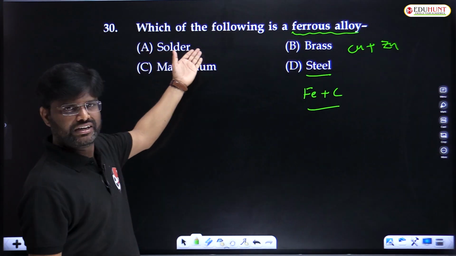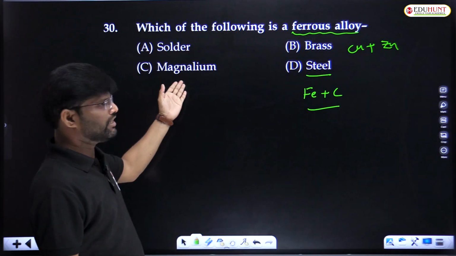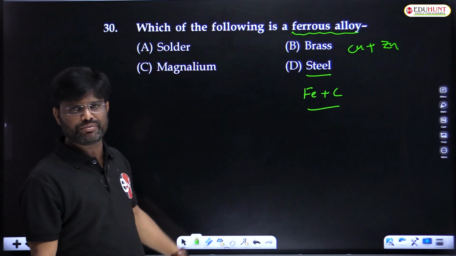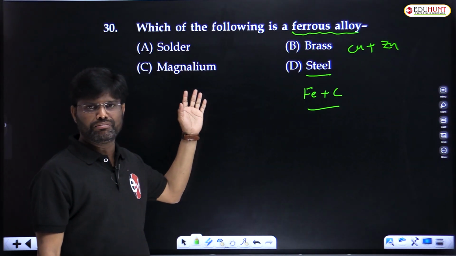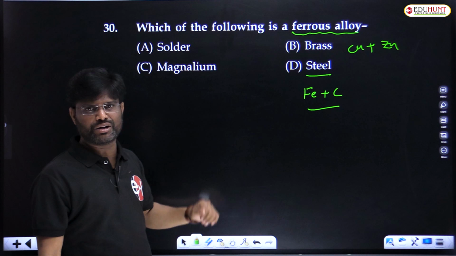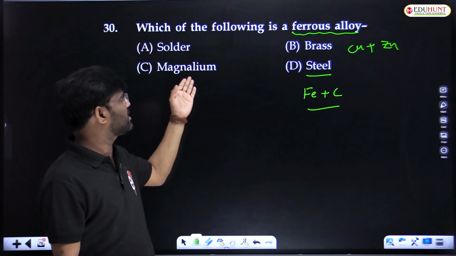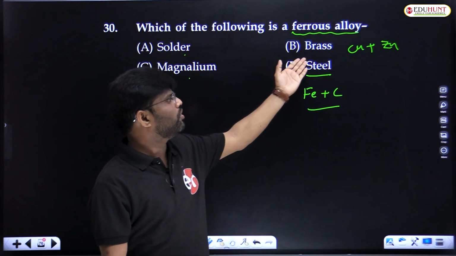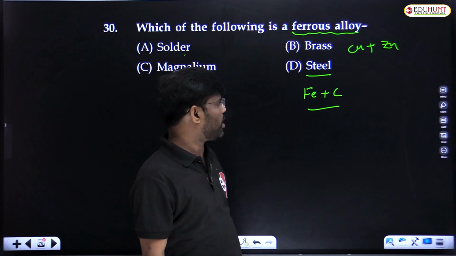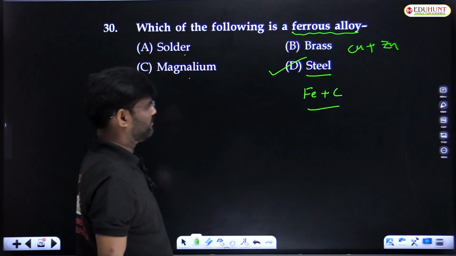Here lead and tin, magnesium, manganese, aluminium, these metals are present. So no iron in this case, no iron in this case, no iron in this case. So answer is steel only.